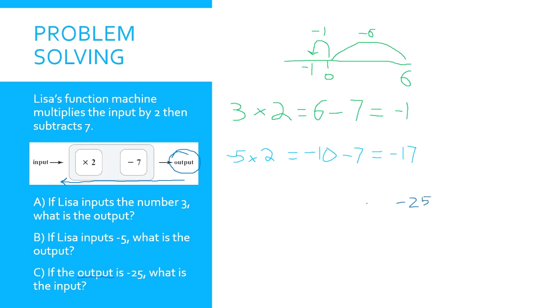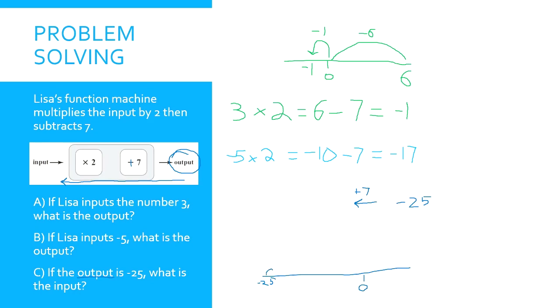And if I go backwards, normally I'd subtract 7, but to do the opposite, I need to add it. So if I do negative 25 and add 7, well, if we think about this on a number line to help us out, slightly wonky number line, but never mind. So I'm starting off with negative 25, and because I'm adding, I need to take my number back towards the 0 to make it larger.